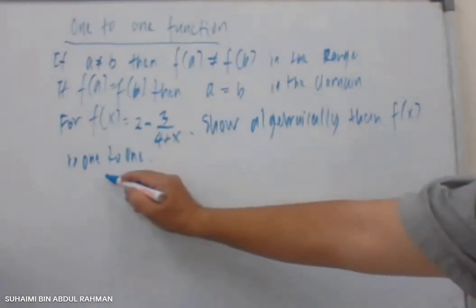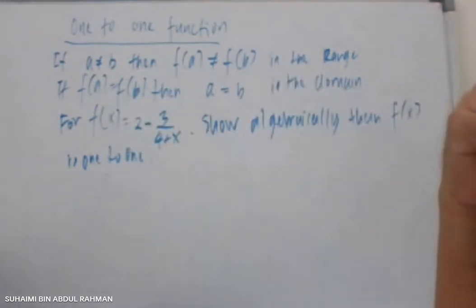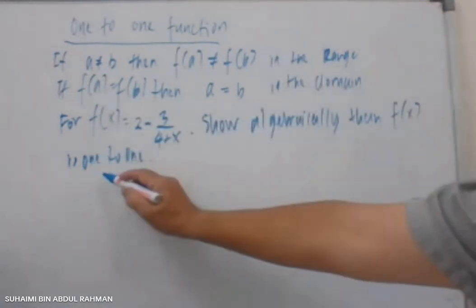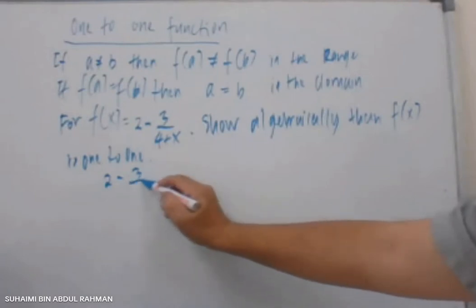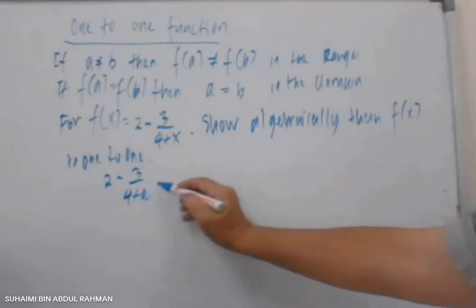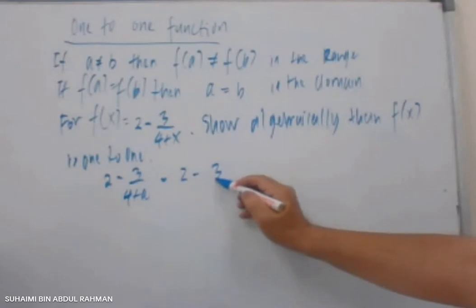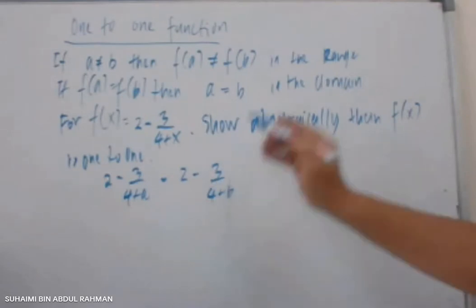So when we substitute x with a and b, we get 2 minus 3 over (4 plus a) equals 2 minus 3 over (4 plus b).